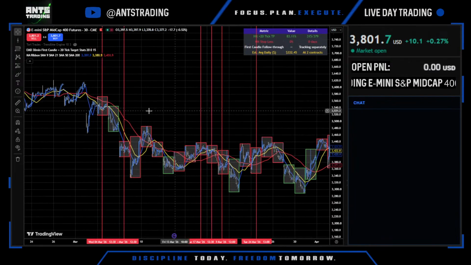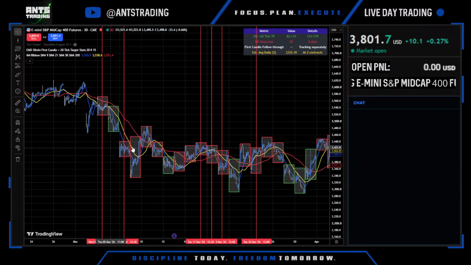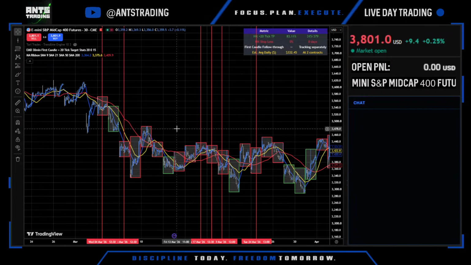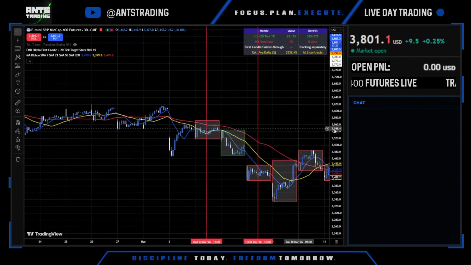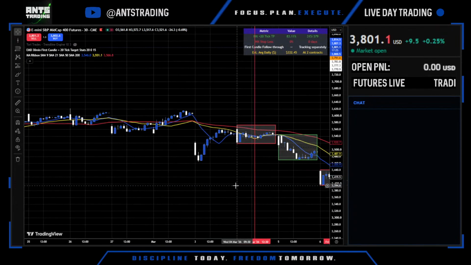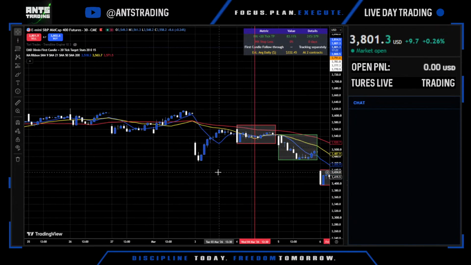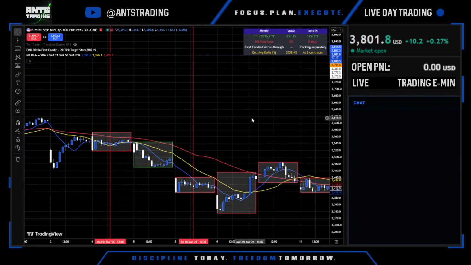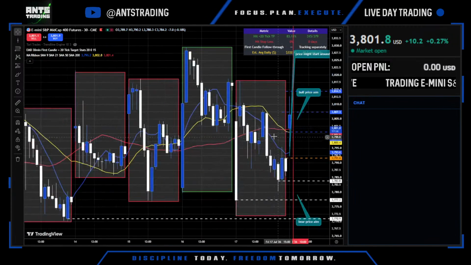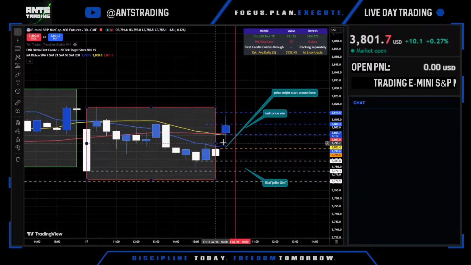You can see here, this is all red. This is all choppy. Right now we have almost 15 minutes until I'll do my first trade.